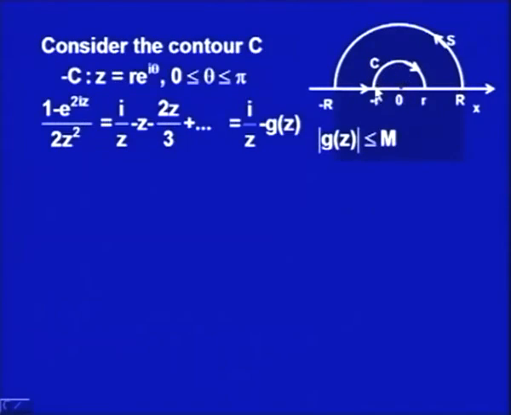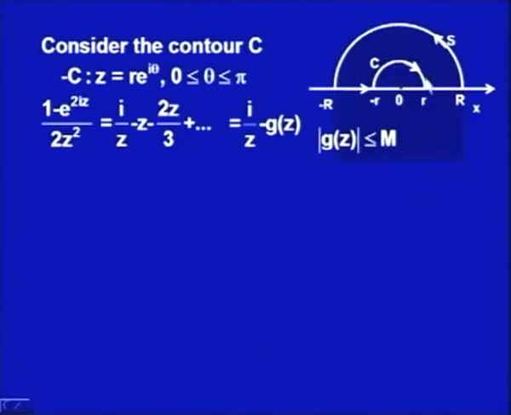Since this is a semicircle, every point has equal distance. So, let us say that M is the maximum of g(z) on this contour, then we do have that mod of g(z) would be less than or equal to M, and that will happen because we have a continuous function.